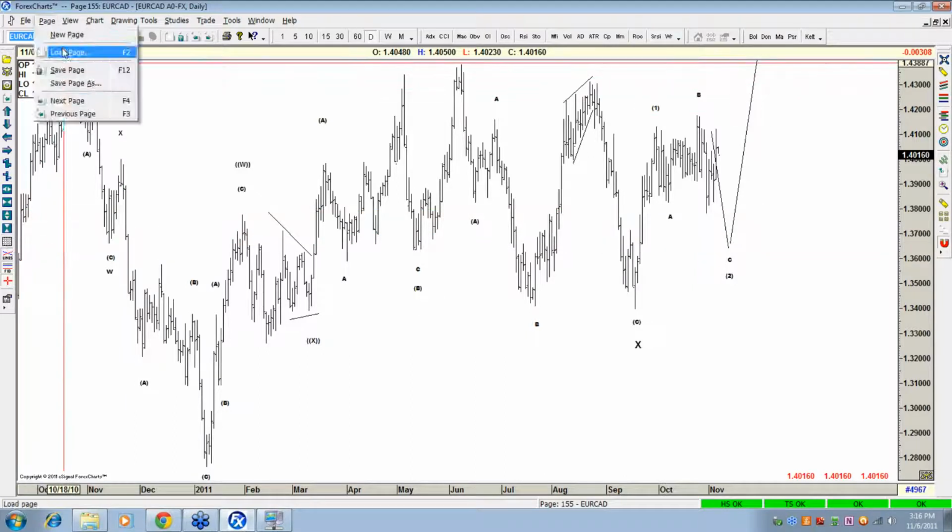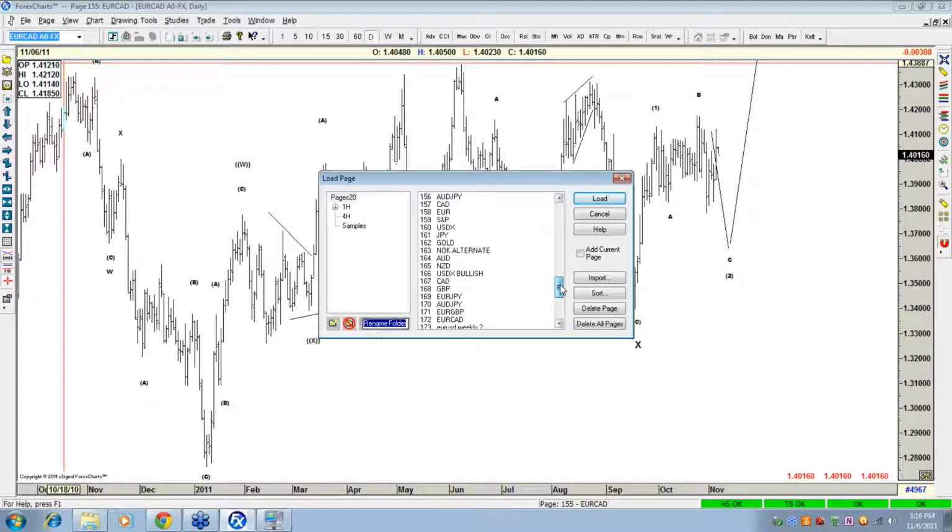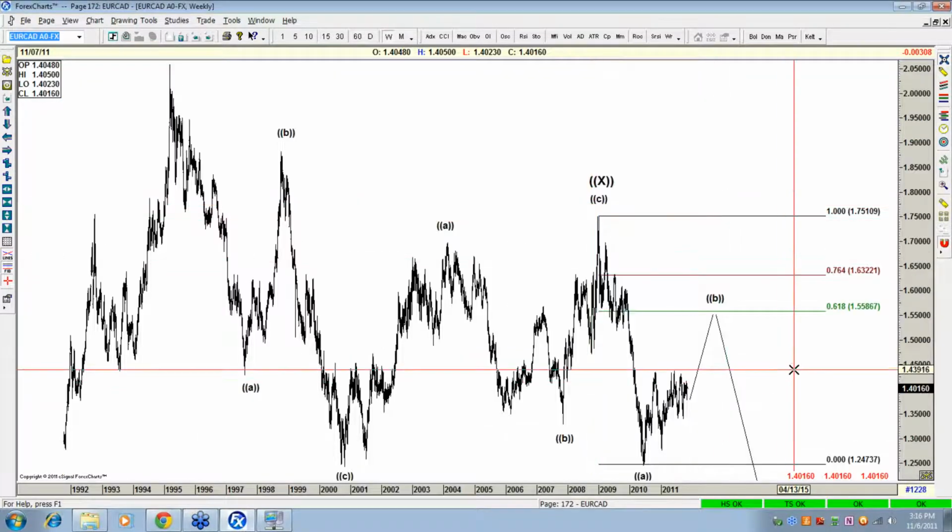Is it the daily? One second. That should end the move, and then the euro should get very weak.